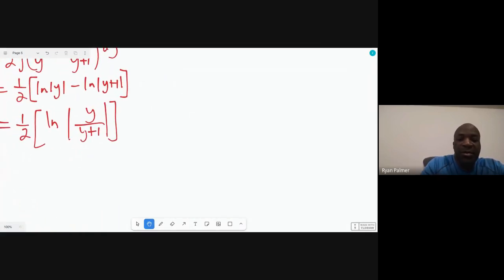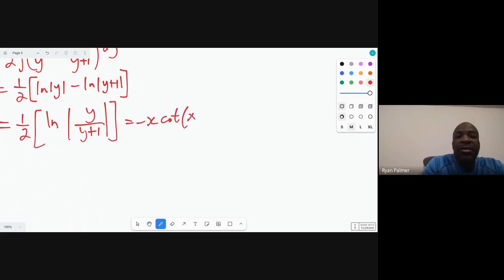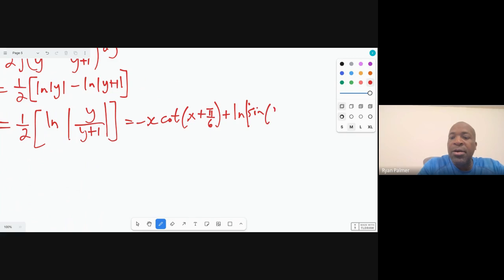So all of this is equal to minus x cot (x plus pi by 6) plus ln sine (x plus pi by 6), and then plus c.